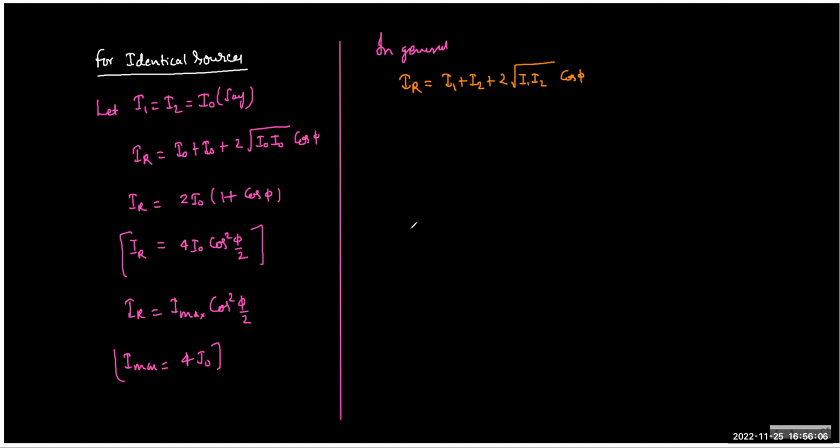So for constructive interference, also called maximum brightness, also called maxima, these all are like synonyms.